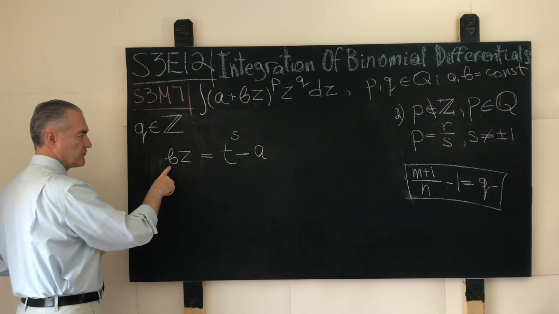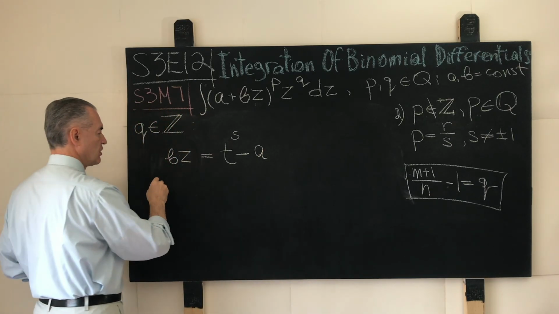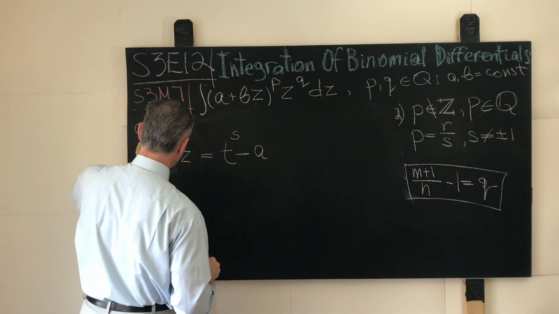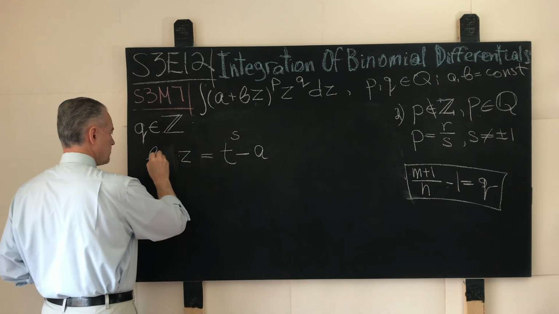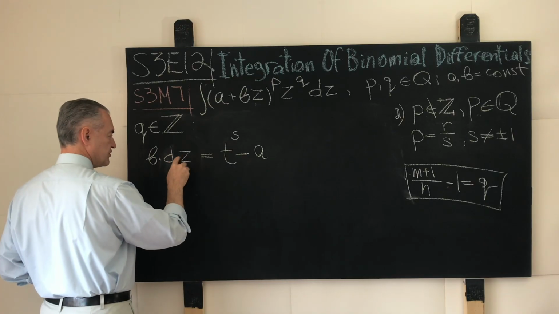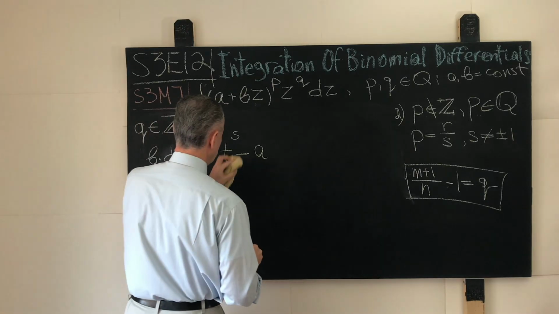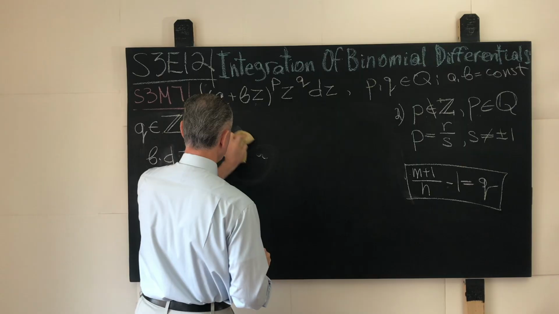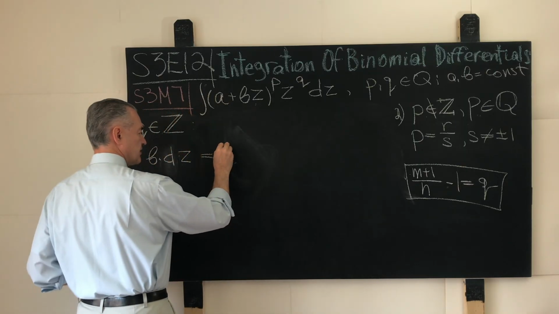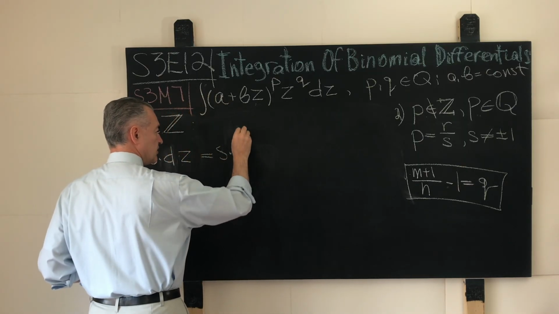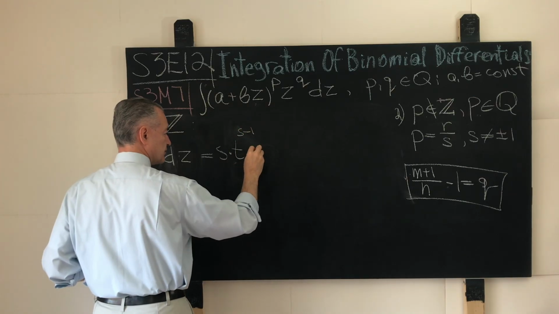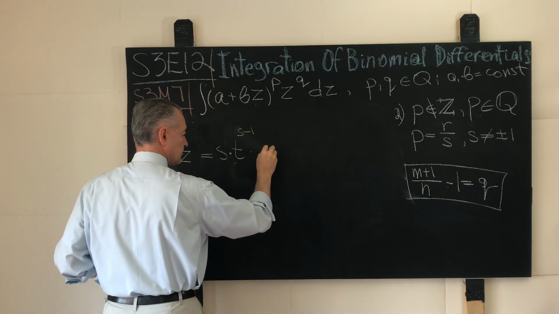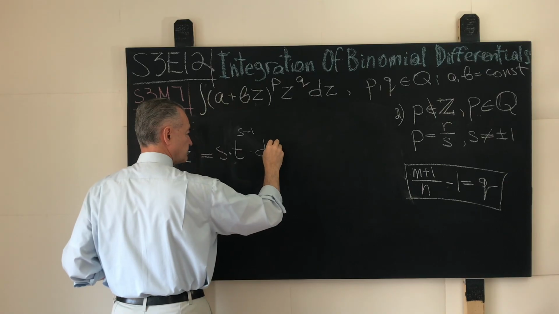And then what do we have for the first differential? Well, let's write it down this way: b times the first differential dz will be equal to, let's save some space, s times t raised to the power s minus 1 times dt.